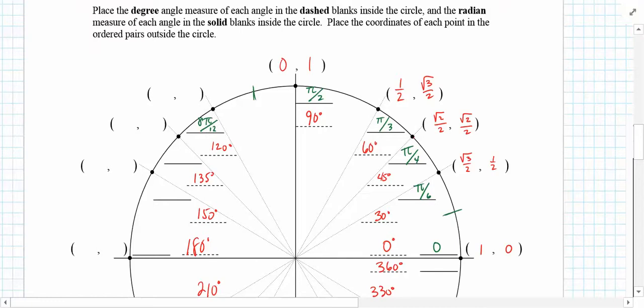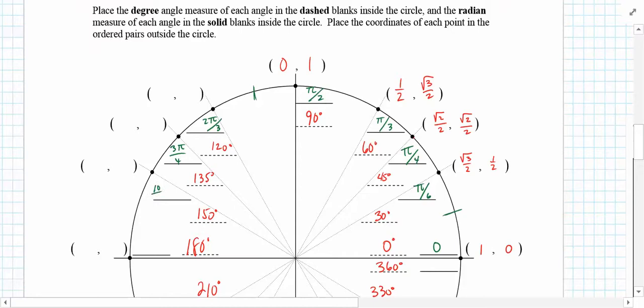Now the fraction 8/12 can be reduced to 2 pi divided by 3. Next would be 9 pi divided by 12, which reduces to 3/4 pi, or 3 pi divided by 4.